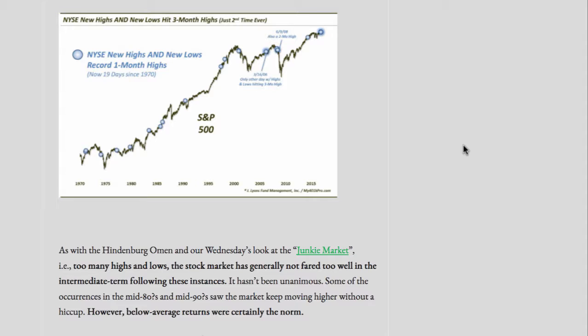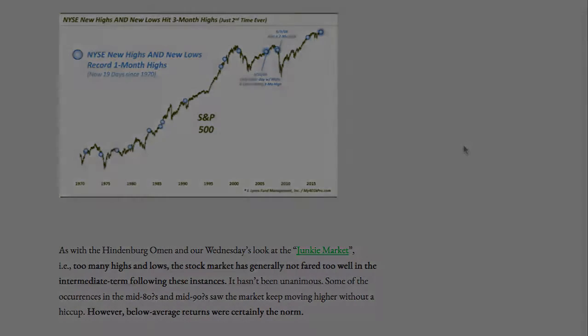As with the Hindenburg Omen and our Wednesday's look at the Junky Marker, that is too many highs and lows, the stock market has generally not fared too well in the intermediate term following these instances. It hasn't been unanimous. Some of the occurrences in the mid-80s and mid-90s saw the market keep moving higher without a hiccup. However, below average returns were certainly the norm.